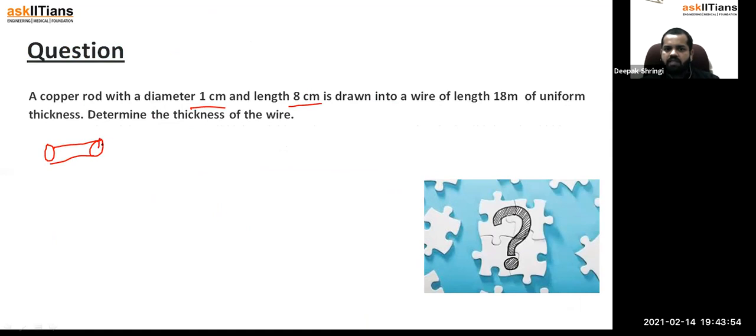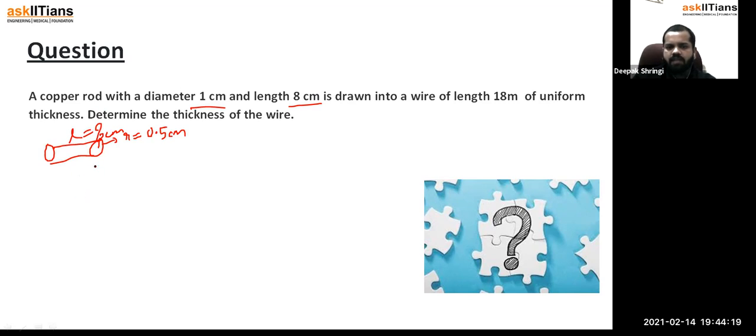Guys, if the diameter is 1, it means its r will be equal to 0.5 centimeter, right or not? Obviously, a copper rod is there with diameter 1 centimeter. It means its radius is 0.5 centimeter and length is also given. Length is given 8 centimeter.